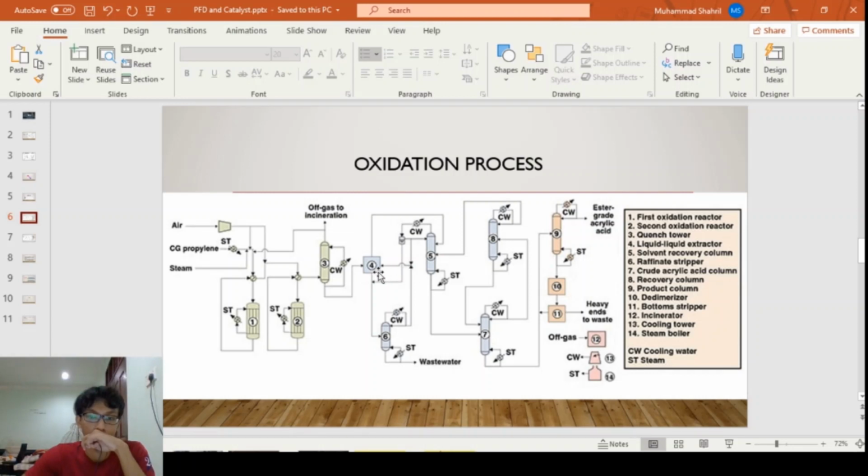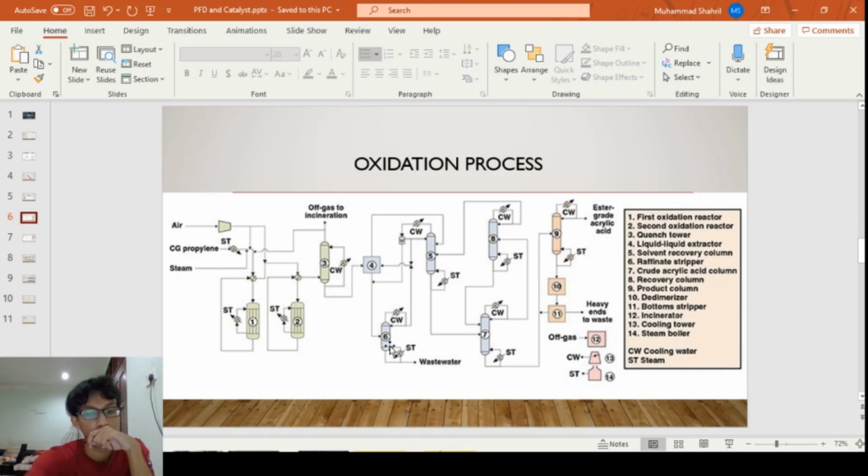Then the aqueous phase is mixed with the raffinate from the extraction step and sent to a raffinate stripper to minimize the solvent losses.